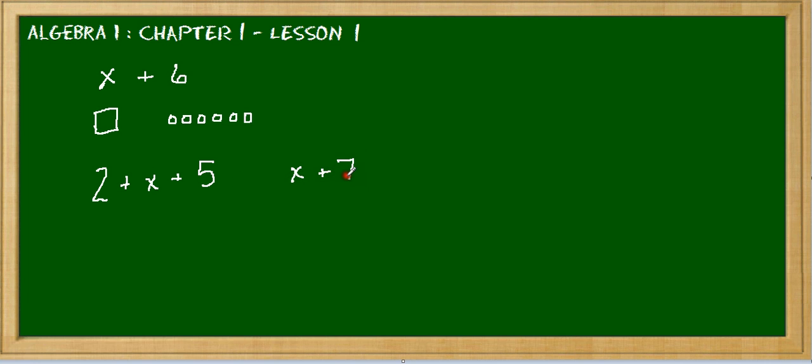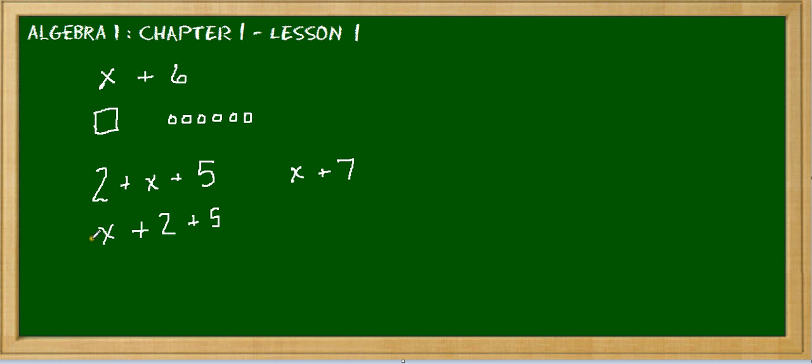Now, if we were to write this out, we can write it in various ways. I'm going to take a moment to show you again that we can write in a different order, such as x plus 2 plus 5. We know that we can write these in a different order and still have the same expression.